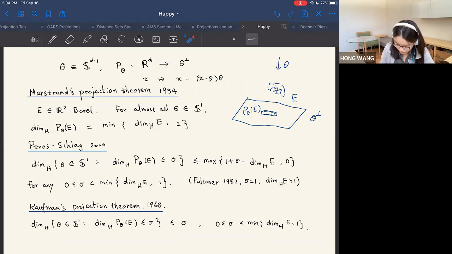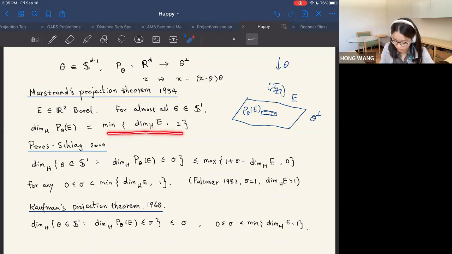Marstrand's projection theorem, from 1954, says that, on this page everything is in R2, if E is a Borel subset of the plane, then for almost all unit vectors theta, the Hausdorff dimension of the projection image, the projection of E along theta, equals the minimum of the Hausdorff dimension of E and 1.